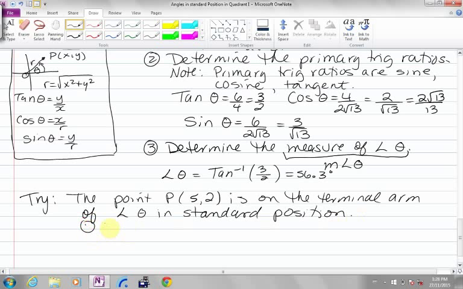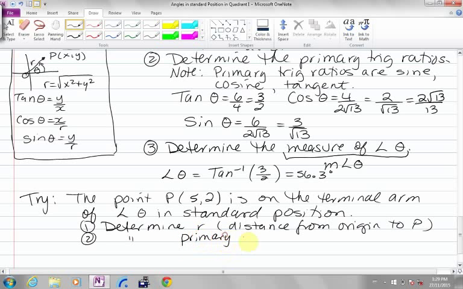So basically I want you to determine r, which again is the distance from origin to P. Determine the primary trig ratios. And determine the measure of angle theta. So find those three things for me.